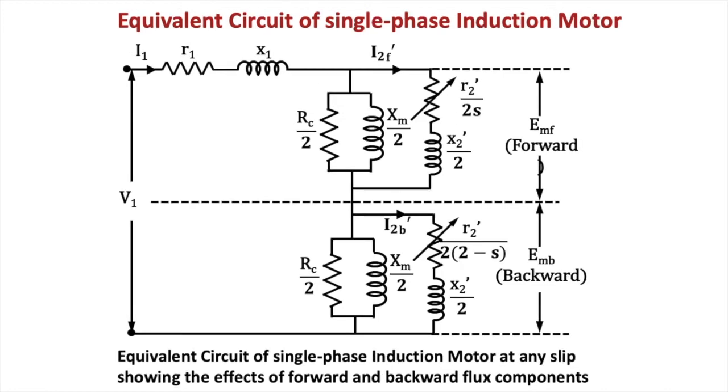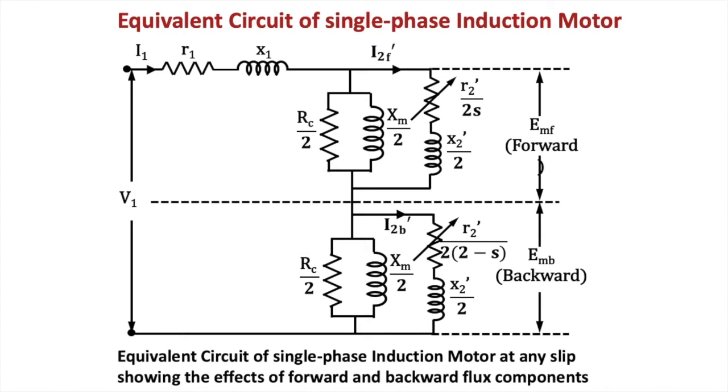But at any slip the resistances will be changing as per their slip direction and therefore the rotor side forward EMF becomes EMF, which is different than the backward EMF, EMB. The forward side rotor resistance referred to the secondary will be R2 dash by 2S and reactance remains the same because it is not dependent on the slip frequency, hence it is X2 dash by 2.